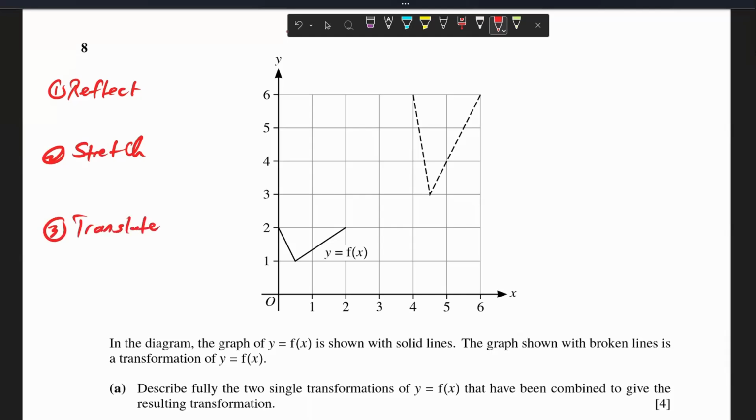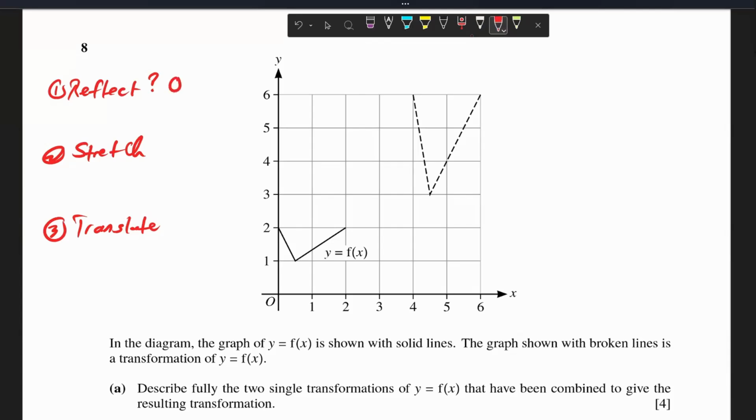So what this means is we will start by checking if for the transformation that's going on from here to here, is there any reflection going on? And apparently, I think you can see that it doesn't seem like the graph of y = f(x) was reflected in any way in order for it to produce the image. So I'll say that there is zero reflections going on here.